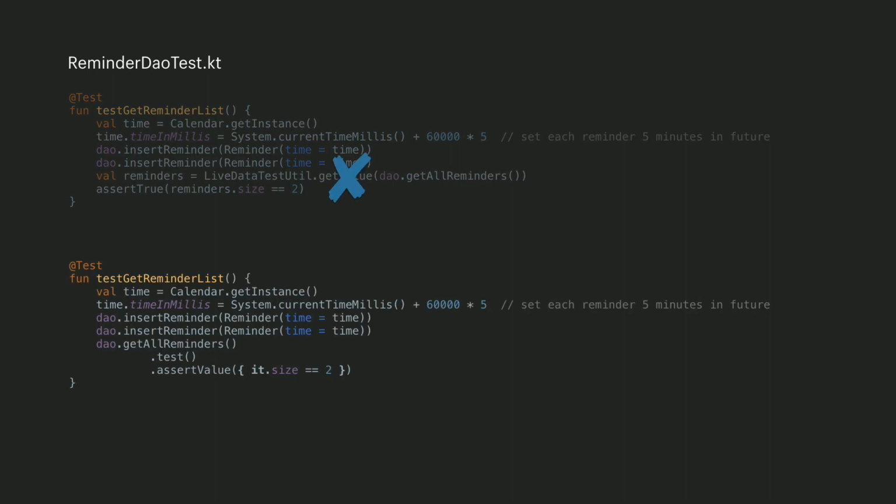Similar sort of thing: you set up your test, but then you can call this handy test method on your Flowable, and then do your assertions after that. I found this to be a more natural and more fluent API for testing. For all my tests, it made them a lot easier and a lot more fun to write. So in my situation, this was really handy and worked out really well for me.